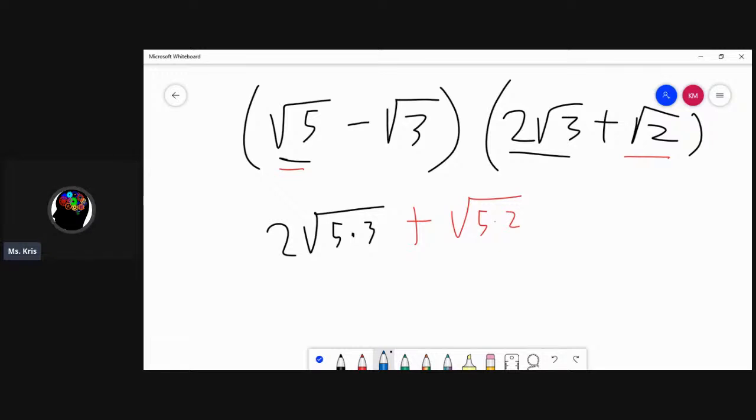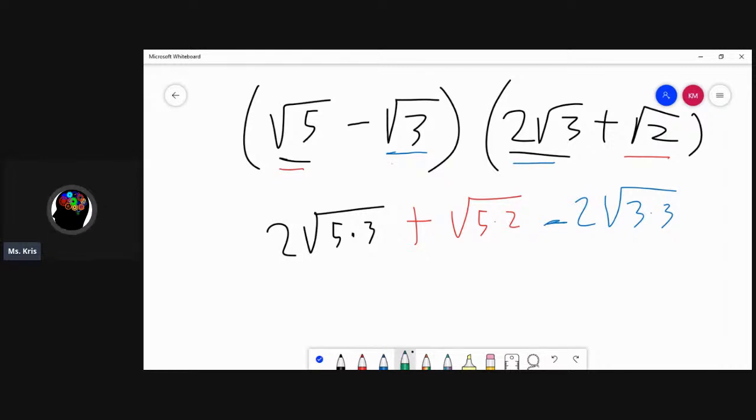Next, we have inner, which is the last term in the first parenthesis times the first term in the last parenthesis. So now you have minus 2 square root of 3 times 3.